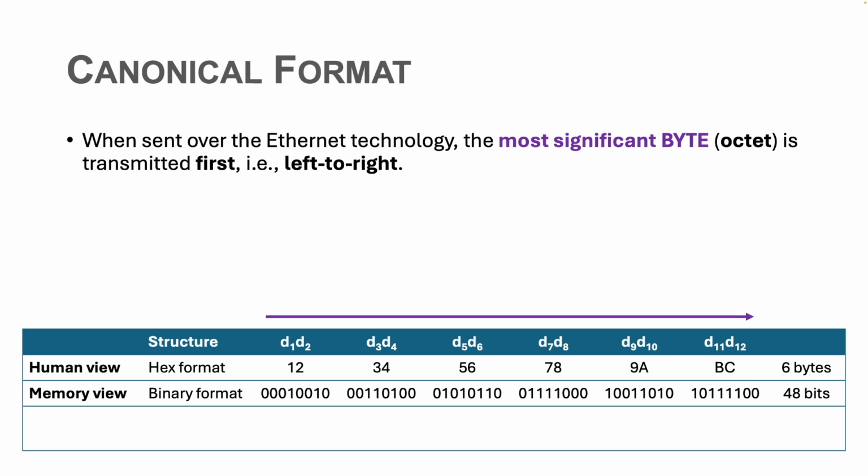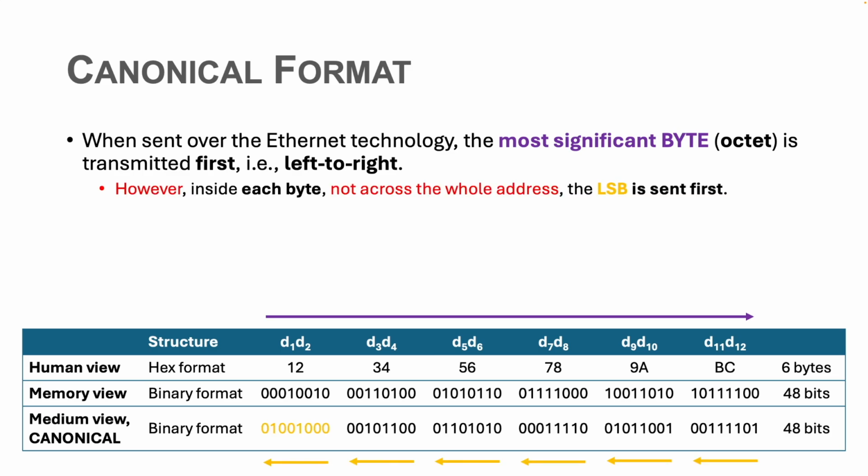So first the group 1, 2, and then the group 3, 4, and so on will be transmitted. However, inside each byte, be careful, not across the whole address, the least significant bit, or LSB, is sent first, which is actually the individual group or IG bit.